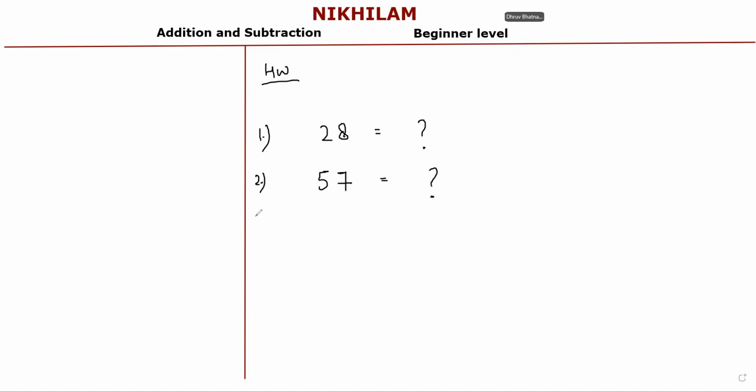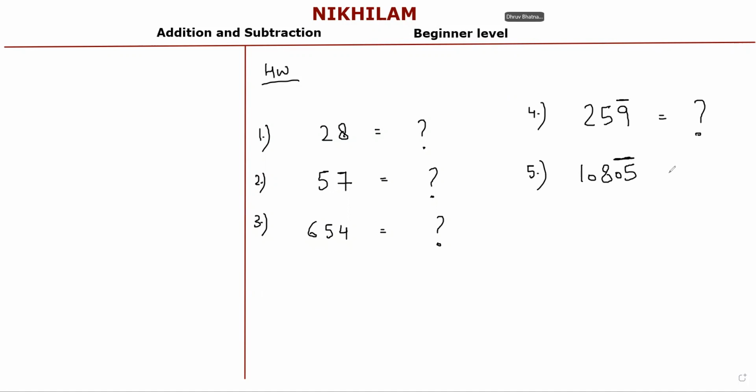What is it in the bar format? 654 in the bar format. 259 bar as a simple number. 10805, where the bar is over 0 and 5. And then last, 193.